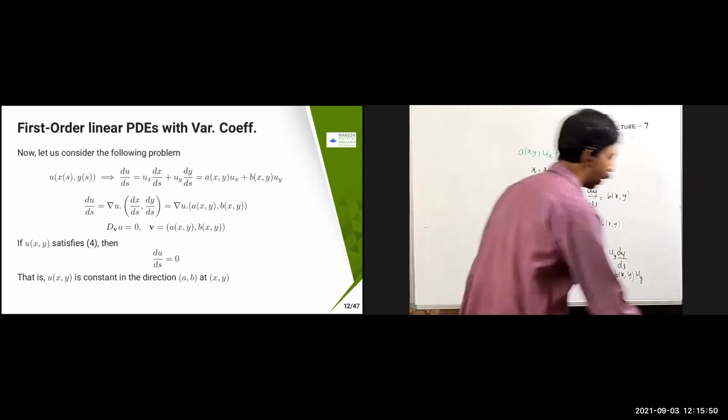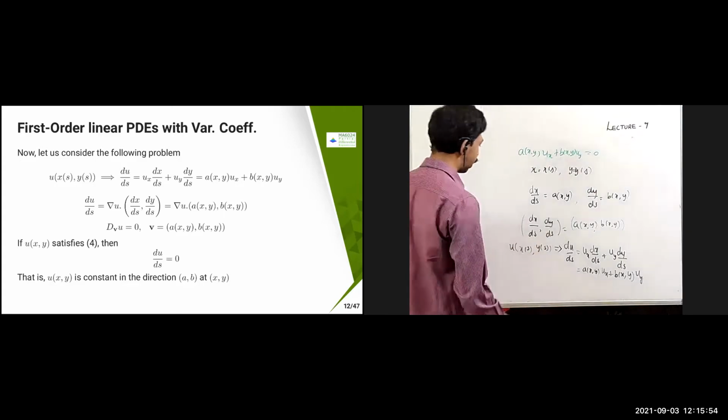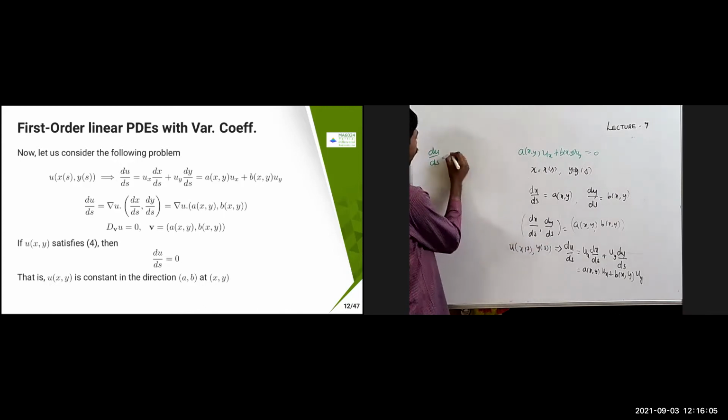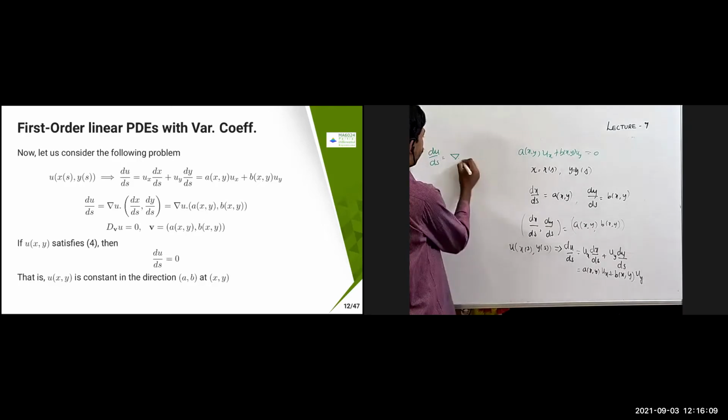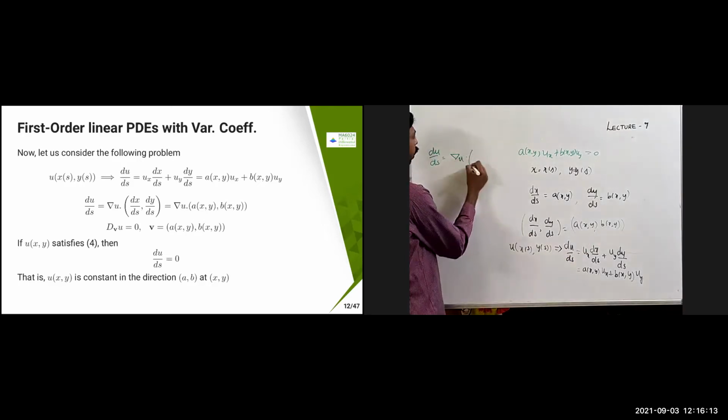So that means du/ds can be written this way. I can write this as del u dot, where del u is nothing but (u_x, u_y), dot (dx/ds, dy/ds).